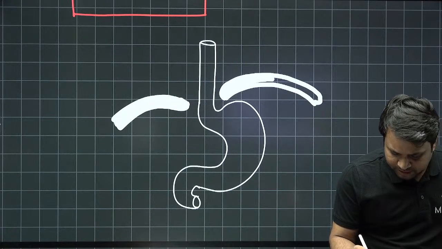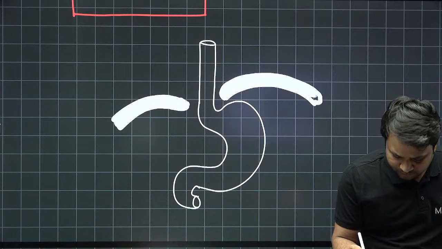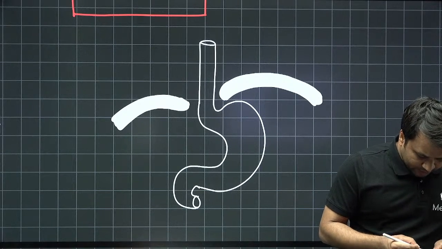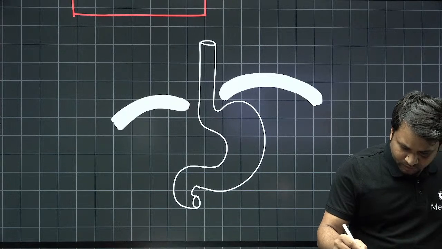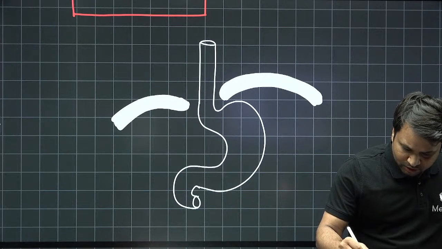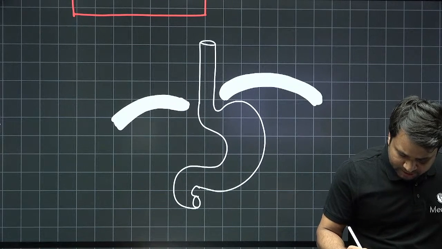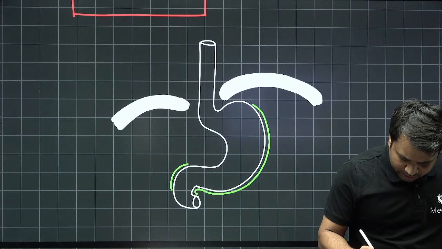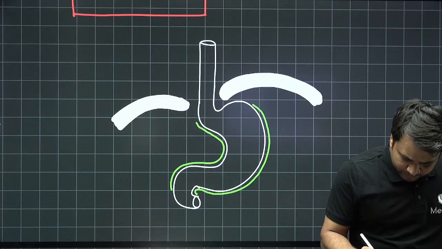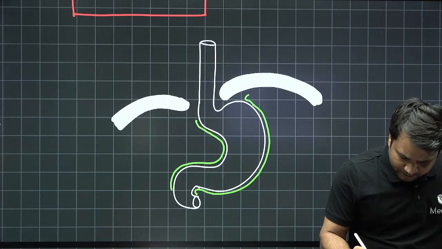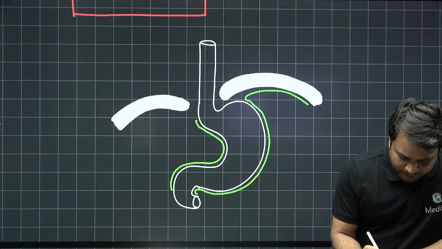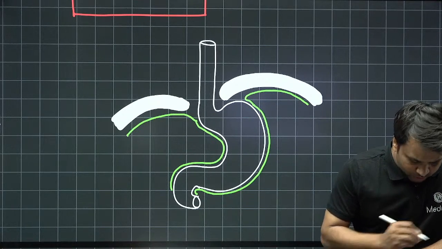Now from the undersurface of the diaphragm, you will see one structure coming from the stomach, covering the stomach in total, and I need not tell you that this structure is the peritoneum, right? So from here you see the peritoneal cover in this particular manner. This is how a peritoneal cover looks, no doubt about it.